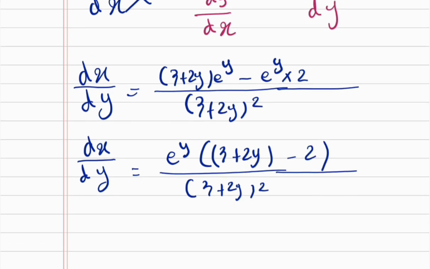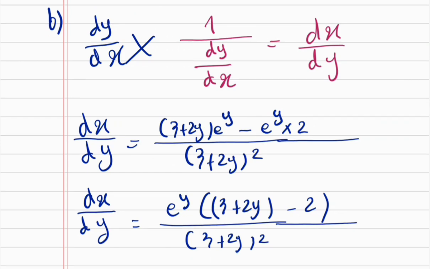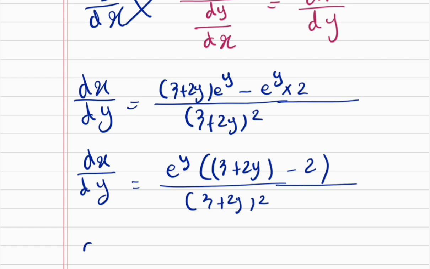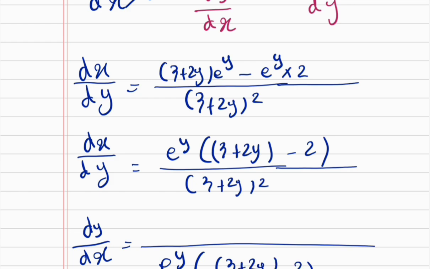At this point we can use this relationship: if you have dx dy and you want to find dy dx, you just find the reciprocal of dx dy. So dy dx is equal to the reciprocal of this fraction, which is e to the y times 3 plus 2y minus 2 goes to the denominator, and the denominator goes on top, which is 3 plus 2y squared.